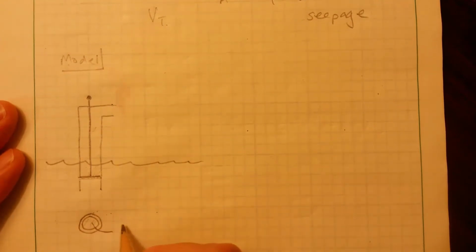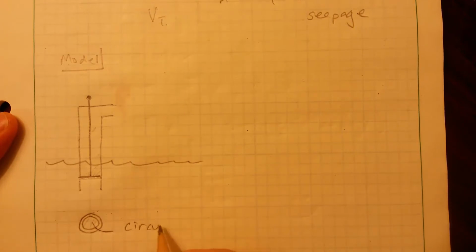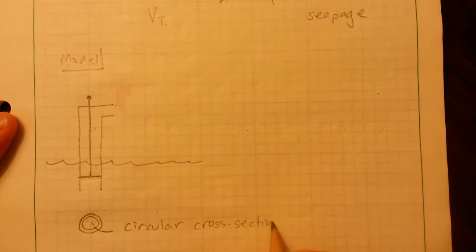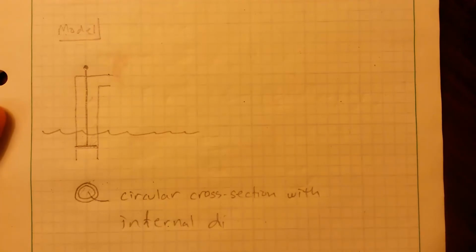Our particular pump, as I said, has a circular cross section with internal diameter D.